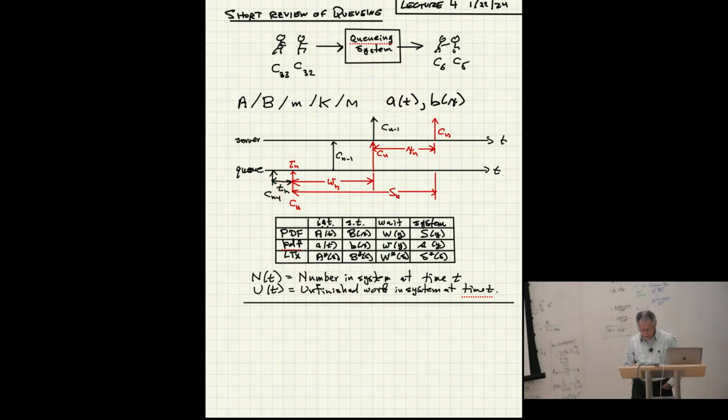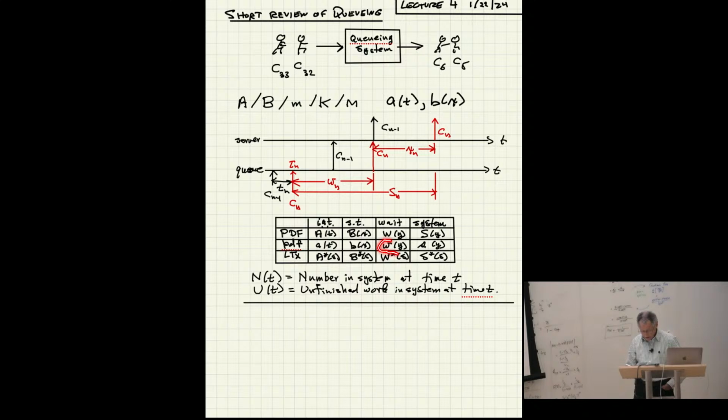What we typically look for is the time in queue and the time in system, very much related as you might expect. And I'm just reminding you here of the notation we're using for these variables: for the inter-arrival time, A of t is its density; service time, B of x is its density; the waiting time we're going to use W to describe.